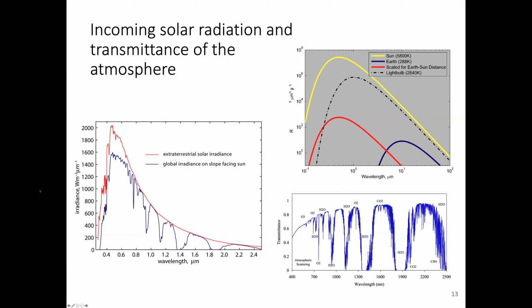Satellites measure in those atmospheric windows. Those are near 1. On the left is a graph of the energy in the visible and near infrared wavelengths reaching the top of the atmosphere, along with the amount of energy that reaches the Earth's surface after attenuation from oxygen and water, as shown on the figure on the lower right.